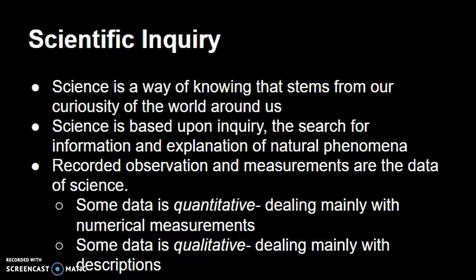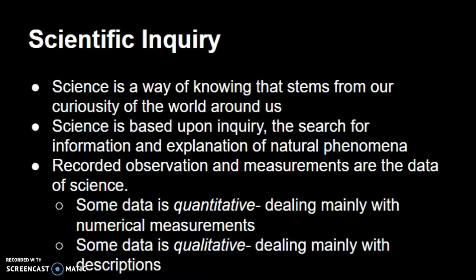Lastly, we want to look at scientific inquiry. This is something scientists use to look at their experiments and explain what has happened through their experiment. So the first thing we need to know is, what is the data? Well, we have two forms of data in science. We have quantitative, anything dealing with a numerical measurement, or qualitative, dealing with descriptive measurements.